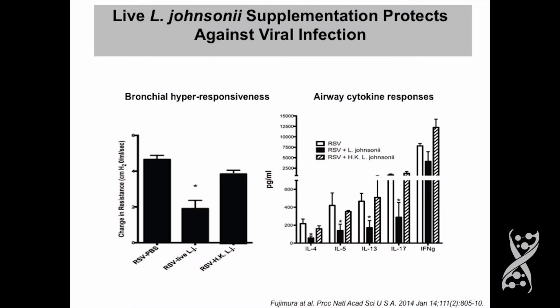And again, in the airways, in response to respiratory syncytial virus, we see a quenching or a significant reduction in adaptive immune responses associated with the Th2 response, here IL-4, IL-5, and IL-13, and the Th17 response, which is mounted against RSV infection and is characterized by IL-17. What was interesting to us is that we do not see a significant reduction in interferon gamma responses, and these are necessary for a mammalian system to clear a viral infection.